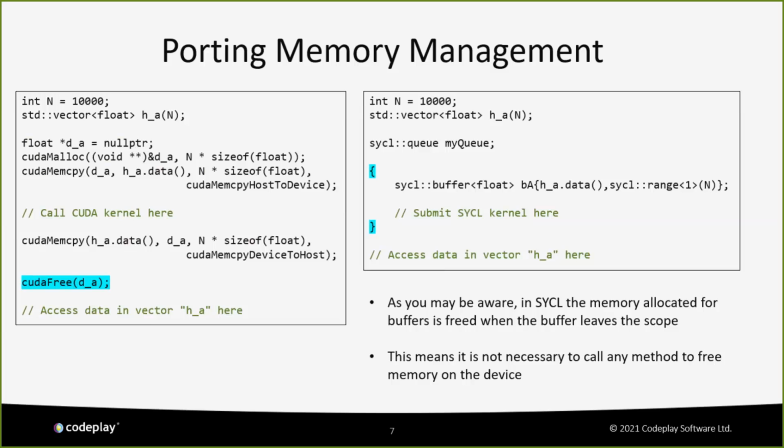As you may be aware, in SYCL, the memory allocated for buffers is freed when the buffer leaves the scope. So that's why we don't need to call any free functions.